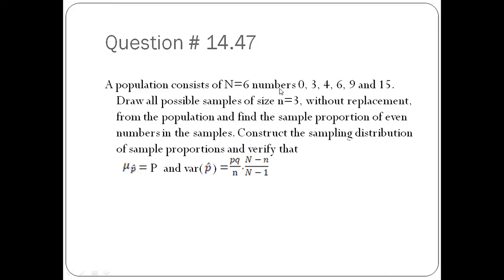Now, this is new for us because before this we have made samples of size 2, but here we have to construct the samples of size 3 without replacement from the population, and find the sample proportion of even numbers in the sample. Construct the sampling distribution of sample proportion and verify that mu p cap is equal to capital P, and variance of p cap is equal to this.